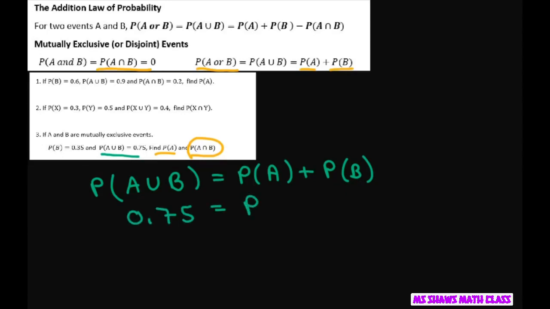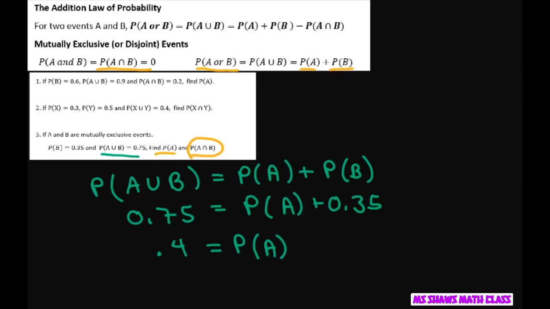We're trying to find probability of A, and probability of B is 0.35. So basically you're going to subtract 0.35 from 0.75, so you get 0.4 equals probability of A.